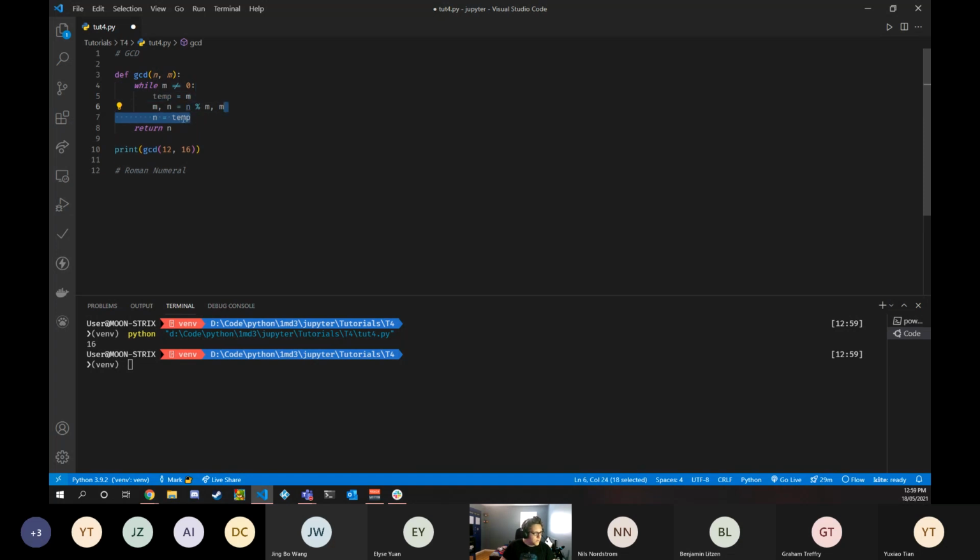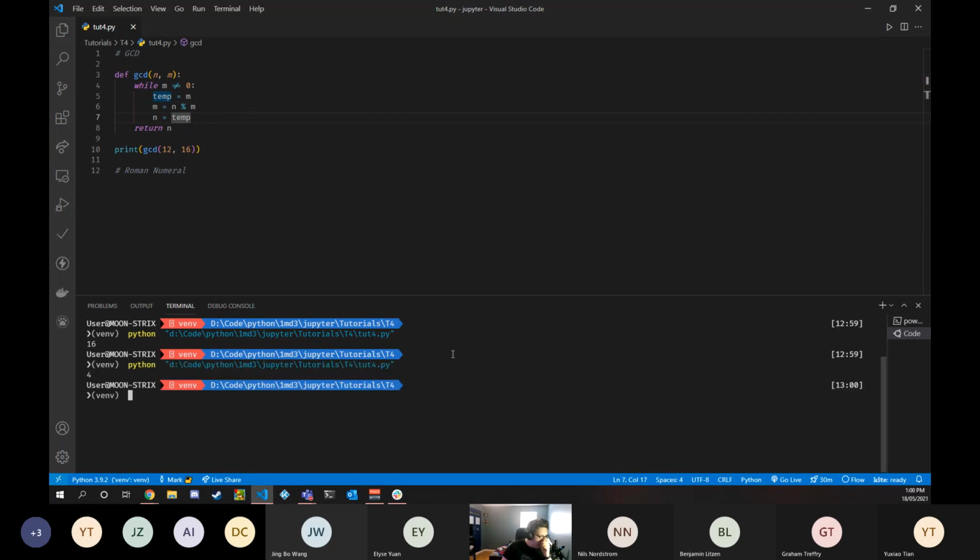Did I swap the variables wrong? N equals M. If I run this, does it work as intended? Yeah, I think I just swapped the variables wrong. Well, you guys can try and figure out how I swapped the variables wrong.